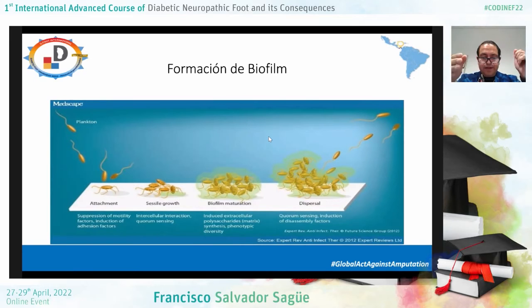In this layer, the microorganisms in the biofilm constitute the predominant phenotype of almost all bacteria in their natural habitat, whether pathogenic or environmental.